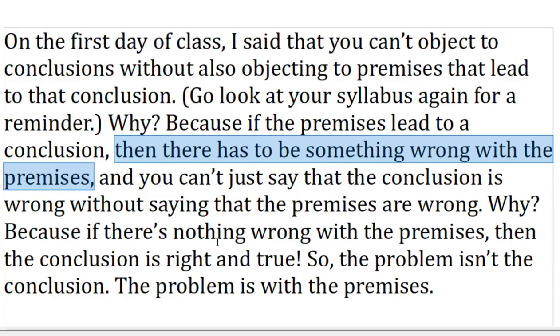So you need to interact with the steps of reasoning that led them to that conclusion. You need to learn how to slow down, say, yeah, I don't like this argument, but I need to figure out what's wrong with the reasoning. I need to figure out what's wrong, in other words, with the premises of the argument and not just the conclusion.